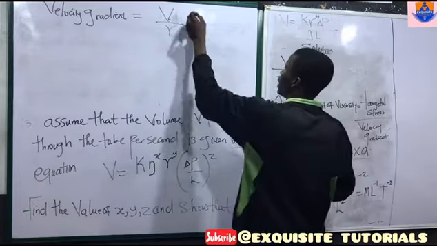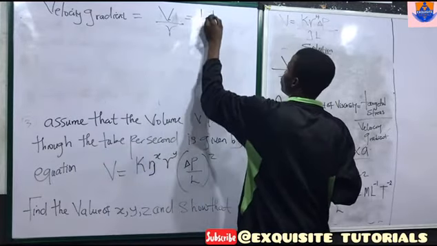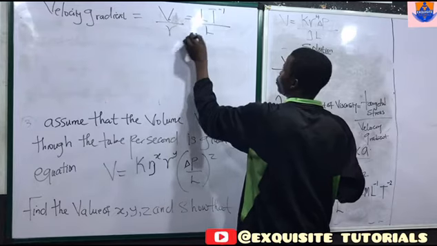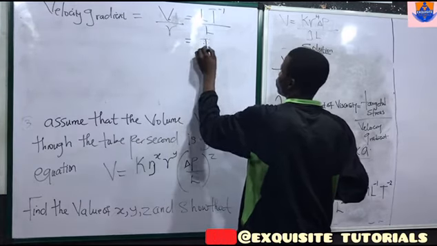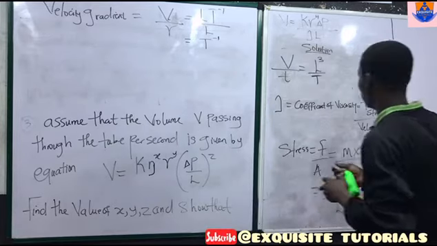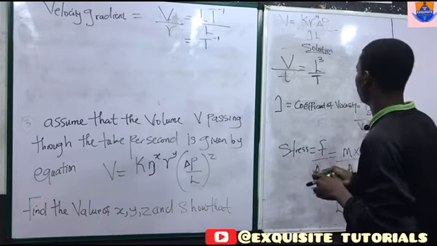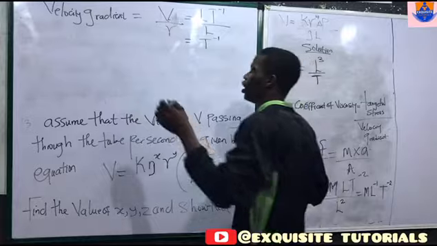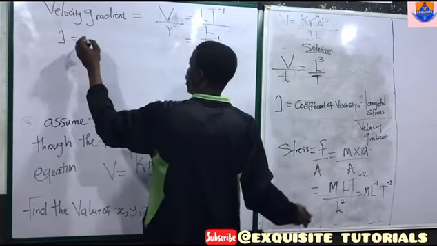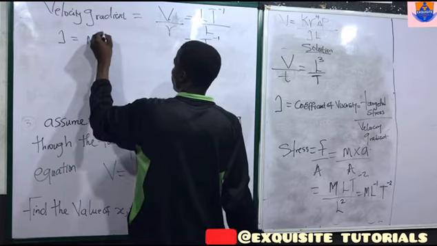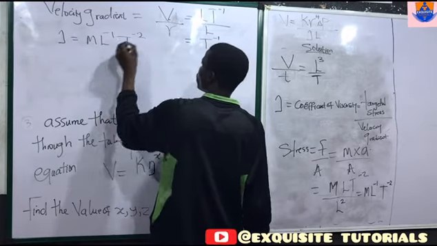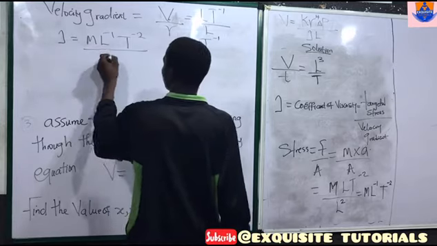So our velocity, I told you already, is L t raised to power minus 1 divided by our L. So therefore our velocity gradient is equal to t raised to power what? Minus 1 as the value for it. So if I want to get my coefficient of viscosity now, our mu is therefore equal to our ml raised to power minus 1 t raised to power minus 2 divided by our t raised to power what?